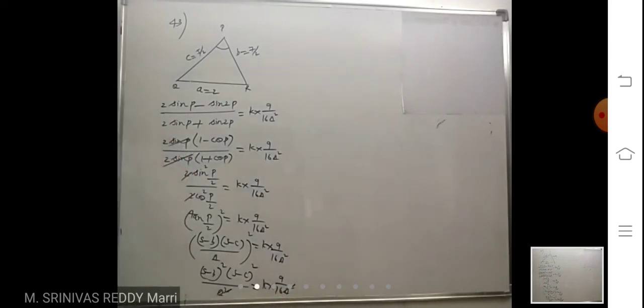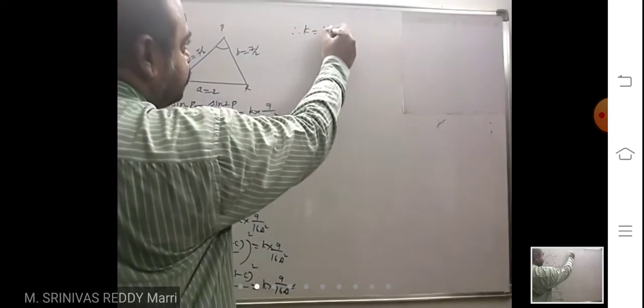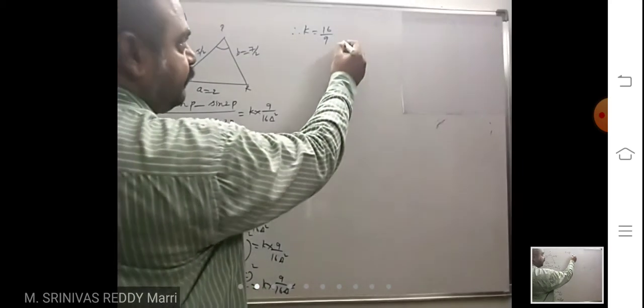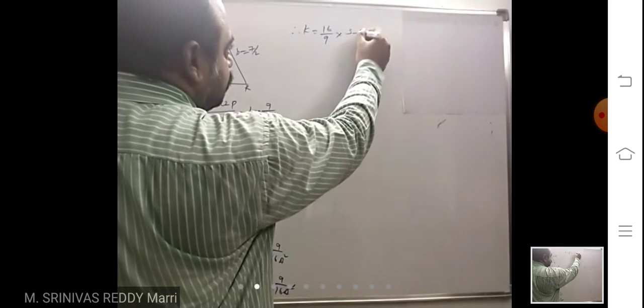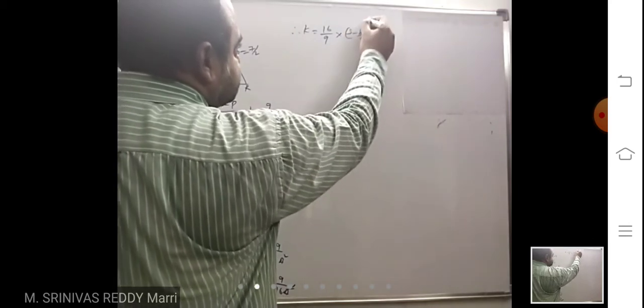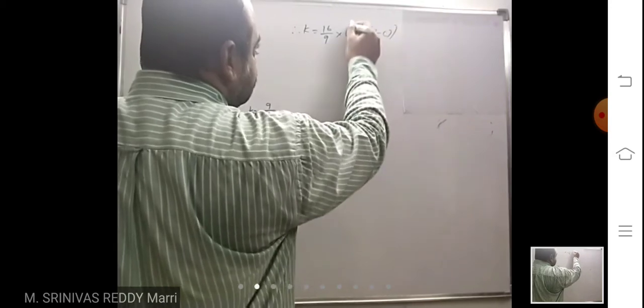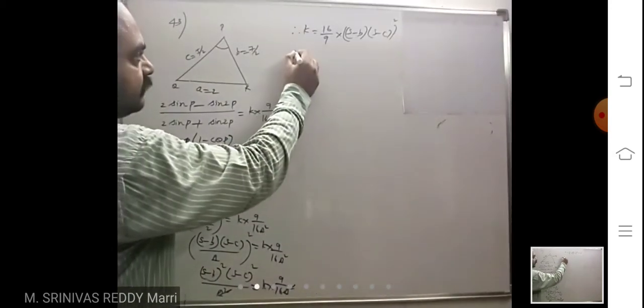Delta square will get cancelled. Therefore, K is nothing but 16 by 9. Bring this side, 16 by 9 into S minus B into S minus C whole square. Now you can calculate what is S. What is S?